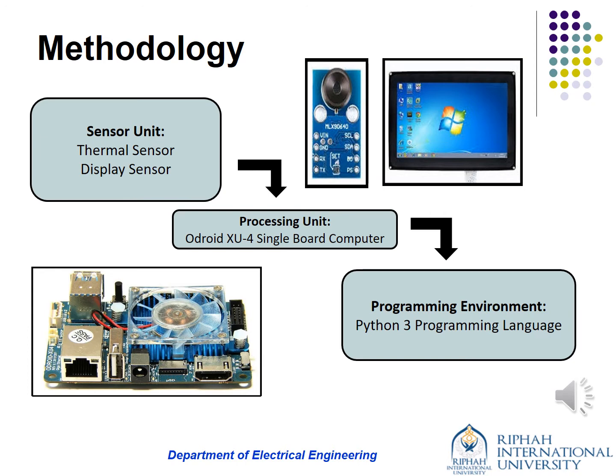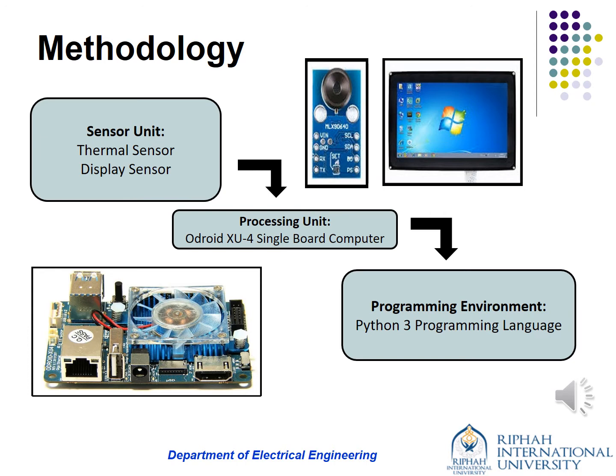In the thermal sensor, we use the MLX90640 thermal sensor for our project. This sensor has a resolution of 32x24 pixels and an operating temperature of -40 degrees to 85 degrees centigrade, and similarly the targeted temperature is 40 degrees centigrade to 300 degrees centigrade.